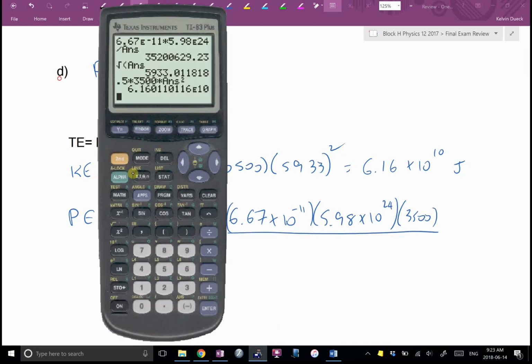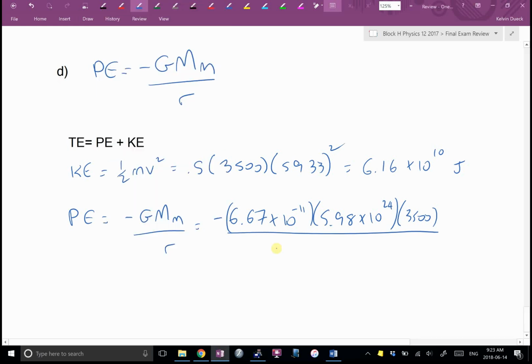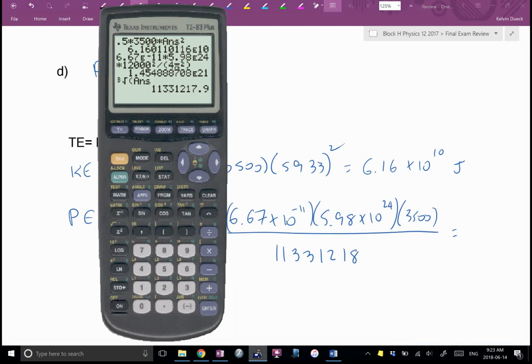Oh, I wish I had r. I didn't write it down to very many sig figs, and I should have. I'm trying to find it back. So it was that thing, and then it was the cube root of that. 11331218. I'll get a negative answer.